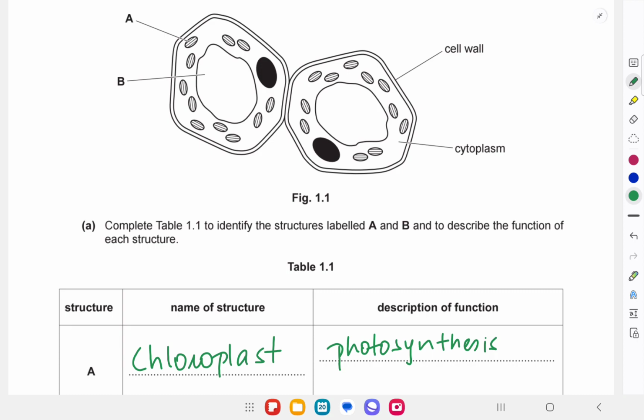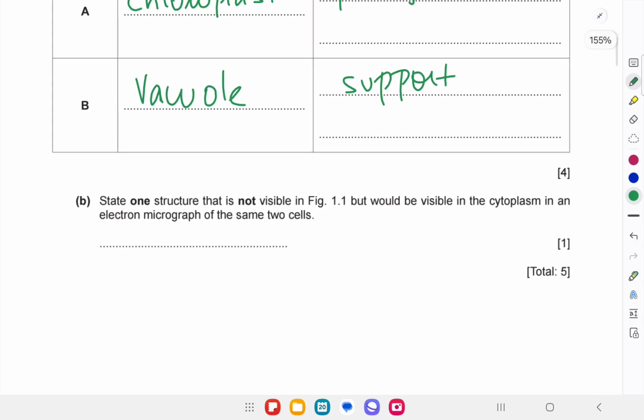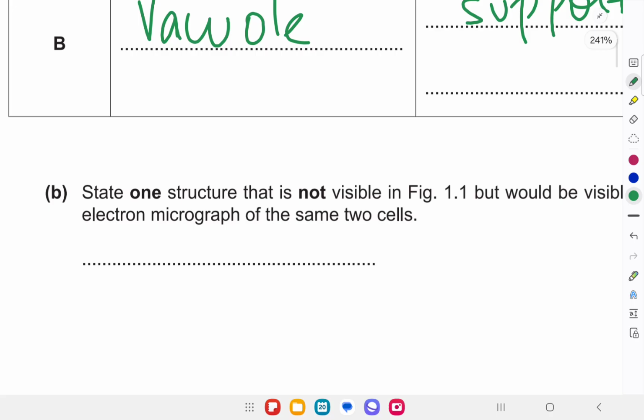There are other organelles as well which you cannot see under a light microscope, but they are visible under the electron microscope, like rough endoplasmic reticulum, Golgi apparatus, etc. But these names are not included in the syllabus. So preferably you should write ribosomes or mitochondria, but obviously rough endoplasmic reticulum and Golgi apparatus may also be accepted.